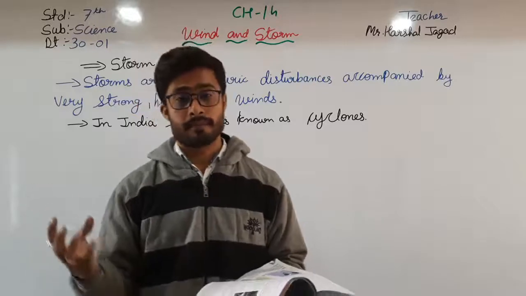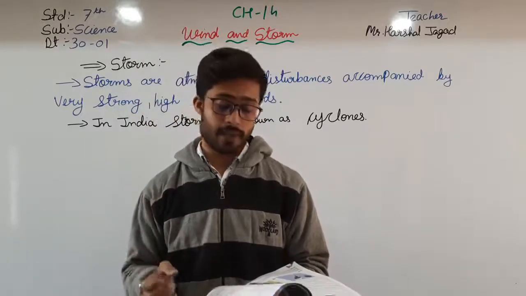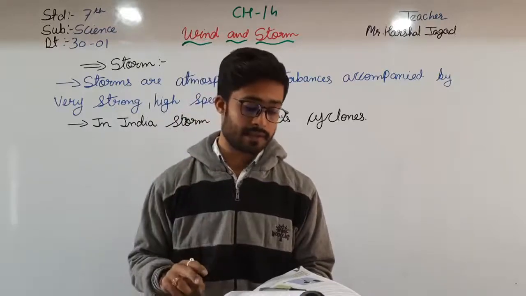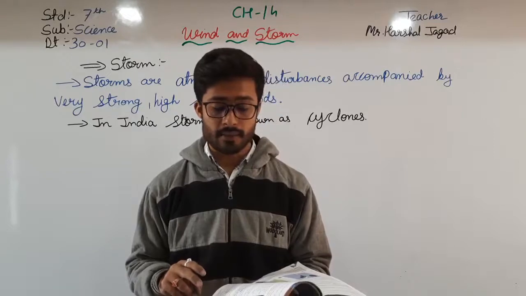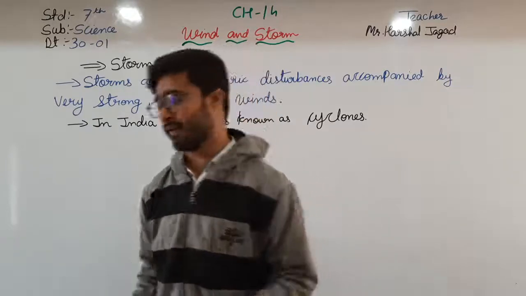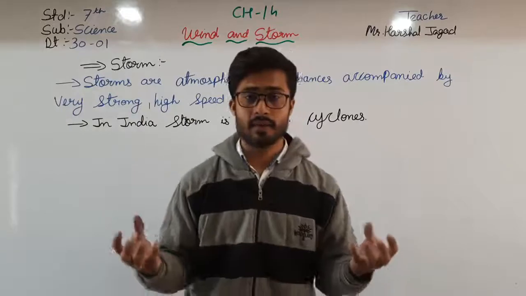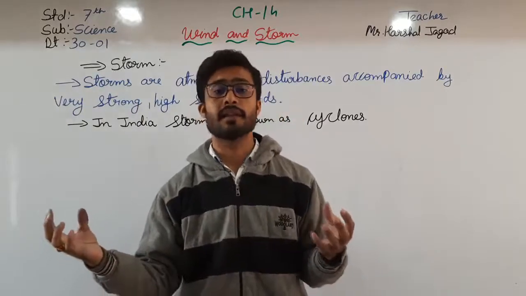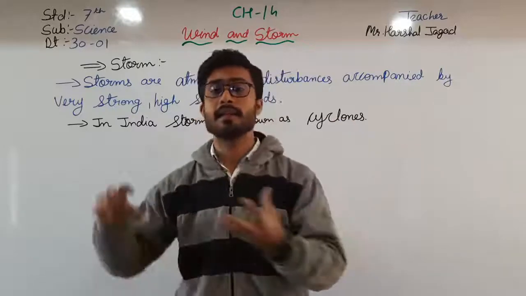So warm air leaves and creates a low pressure, and then point number 2: colder air from the surroundings rushes in to take its place. How is it created? The warmer air leaves its place and moves to other places.